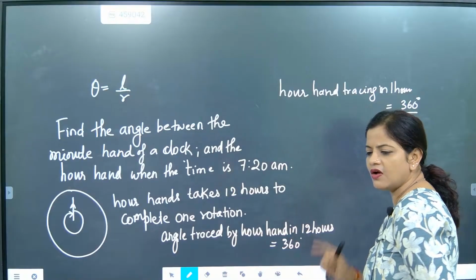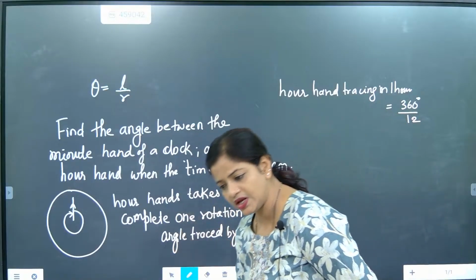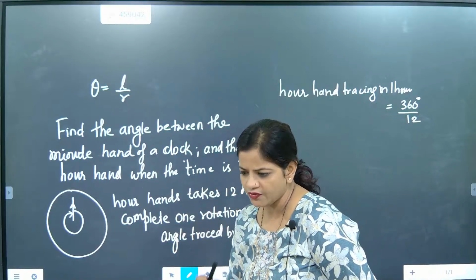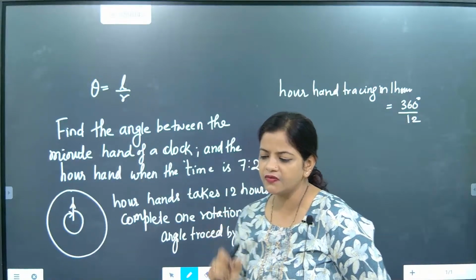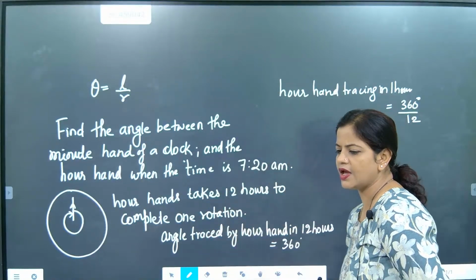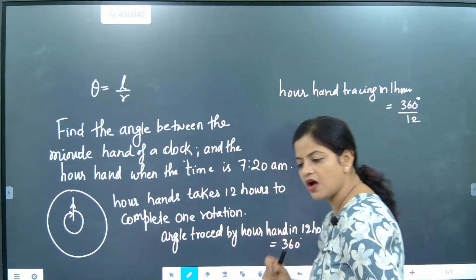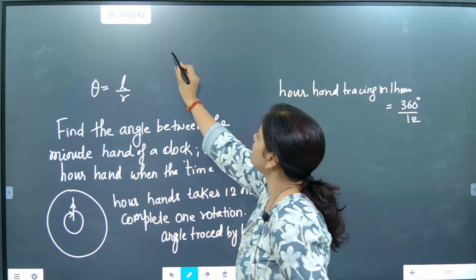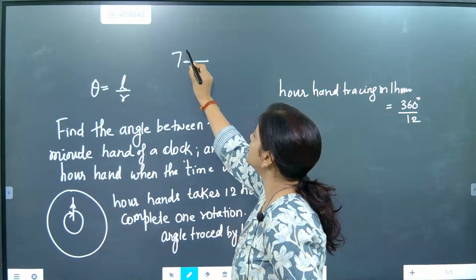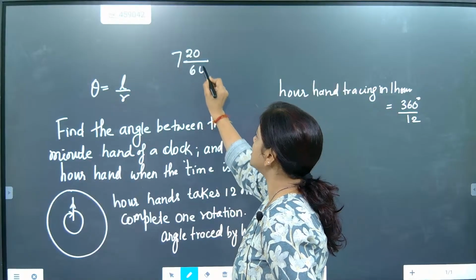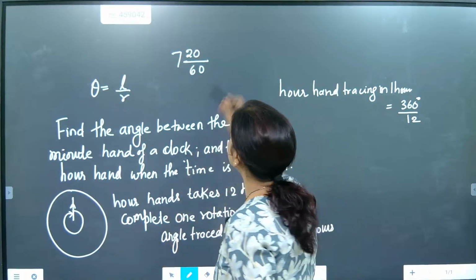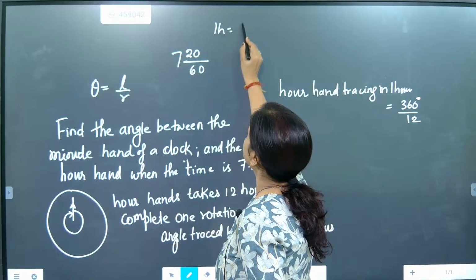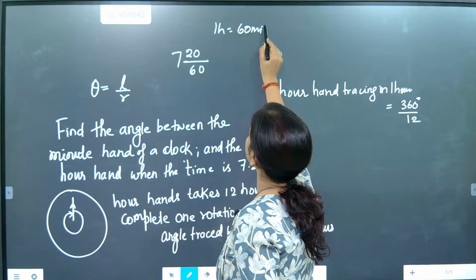7 hours 20 minutes can be converted totally into hours. First we will convert into hours. We know, beta, 1 hour is equal to 60 minutes.